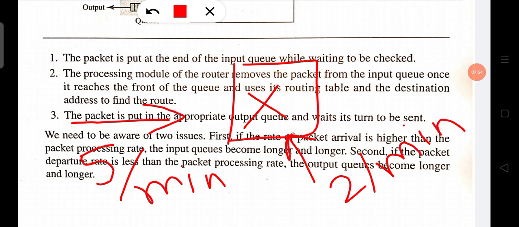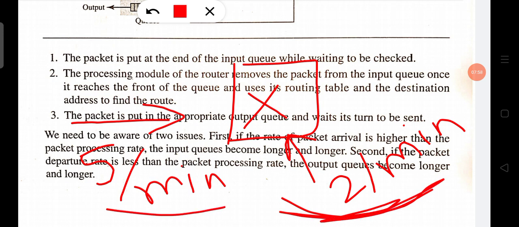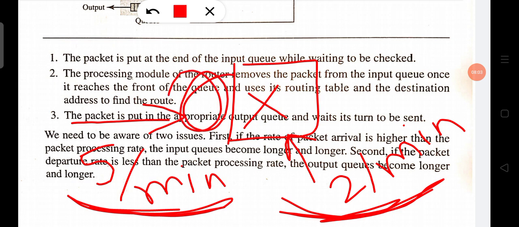Since the processing speed is less than the incoming packet rate, congestion happens in the input queue, because packets wait for processing. Due to this issue, congestion will happen.